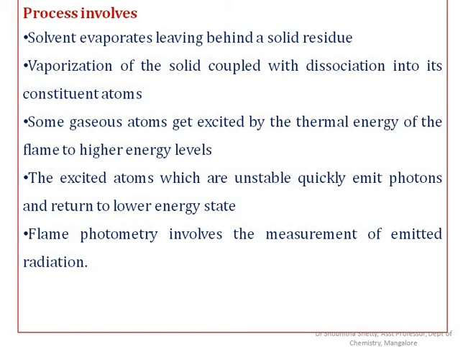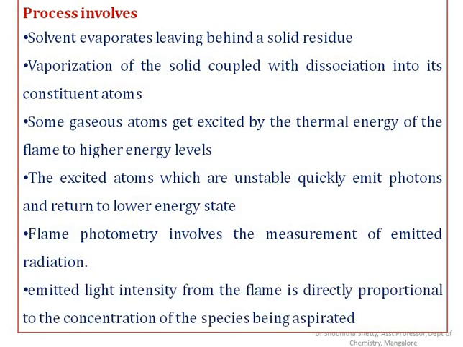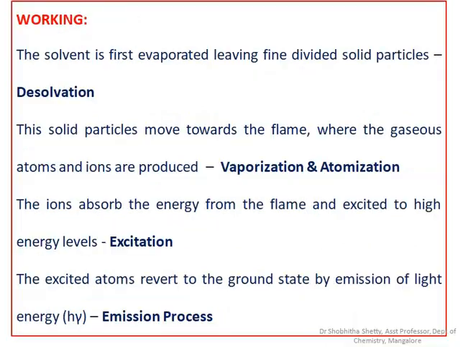First is solvent evaporation, followed by formation of atoms, and these gaseous atoms absorb energy and get excited, and these excited atoms revert back to the ground state, and we study the emission pattern of the element during this process. This is important: the emitted light intensity from the flame is always directly proportional to the concentration of the species being injected or aspirated.